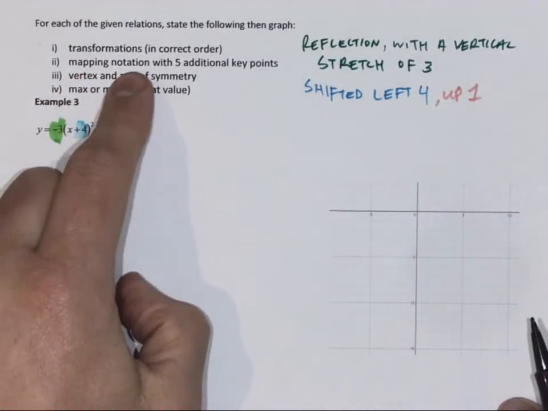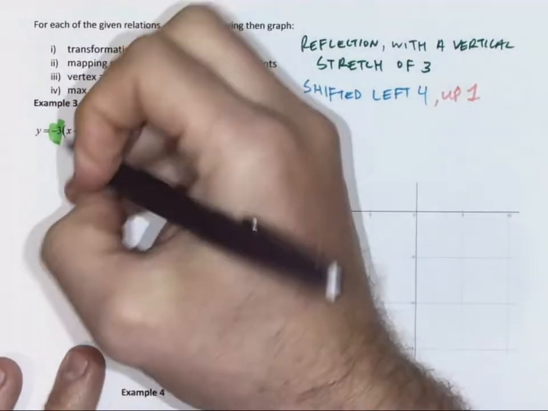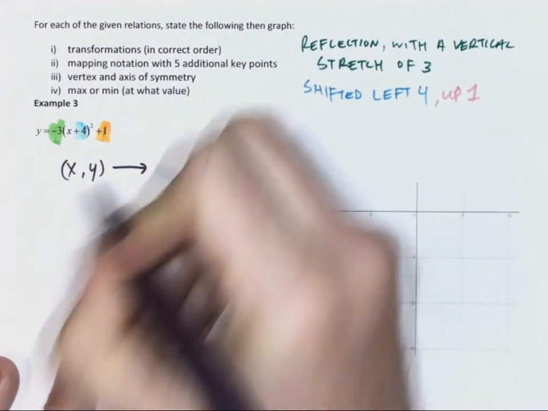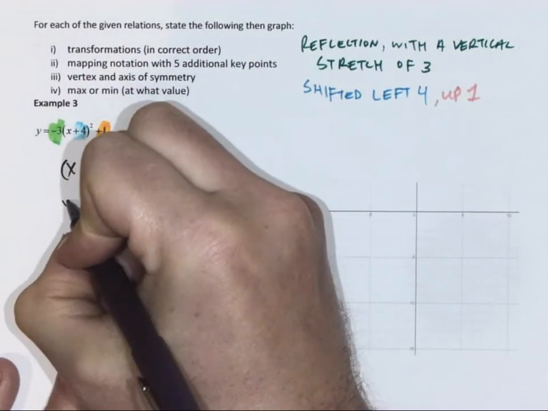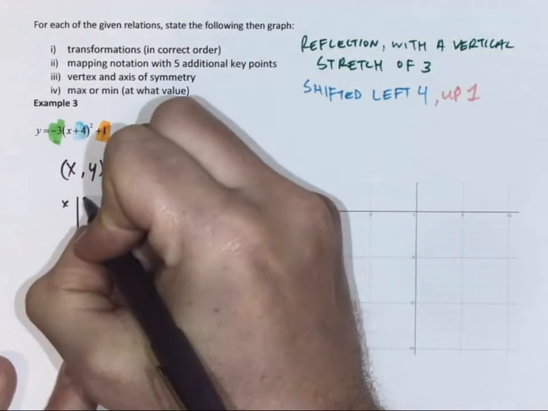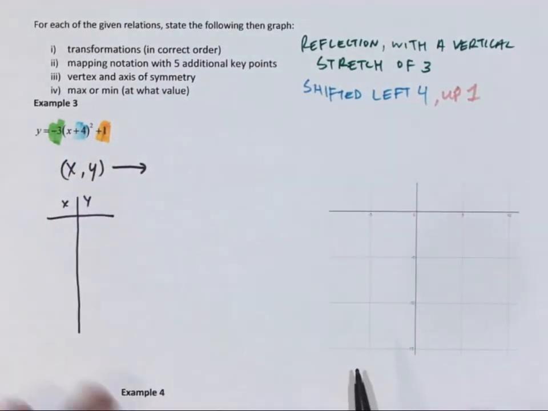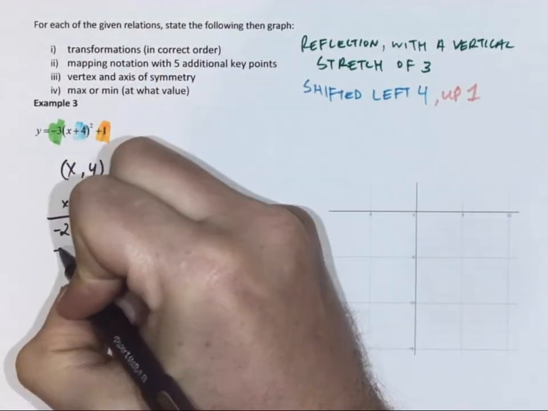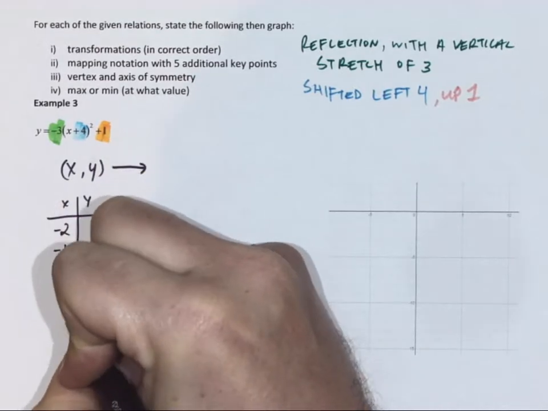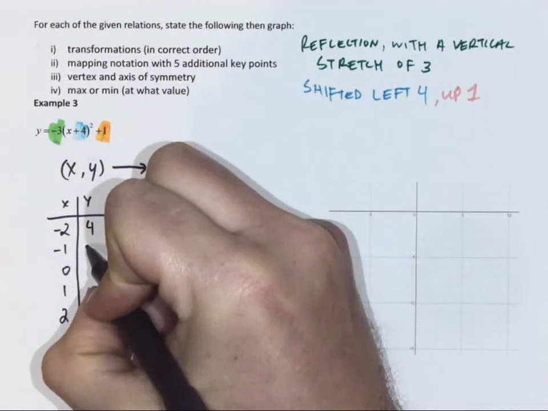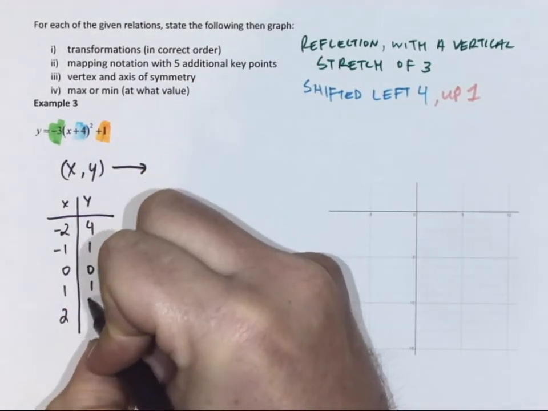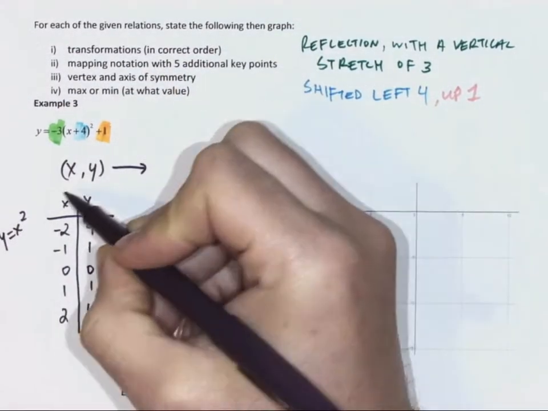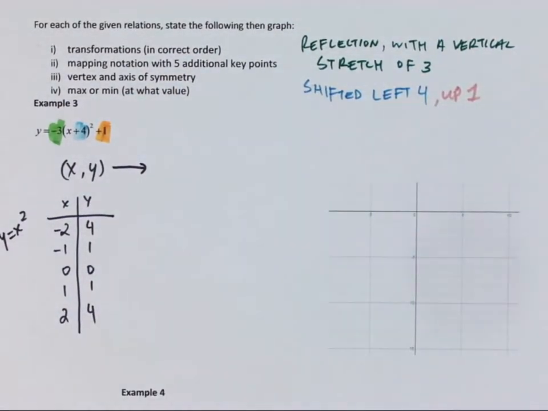Okay, mapping notation with 5 additional key points. Remember, mapping notation is that our 5 key points are those 5 points that we start from a quadratic, our most basic quadratic, y equals x squared. So what's going to happen?